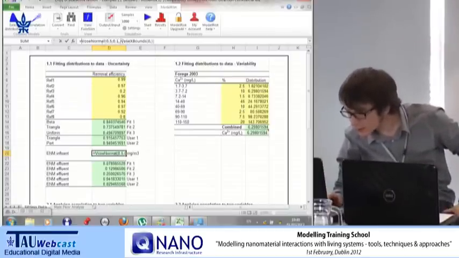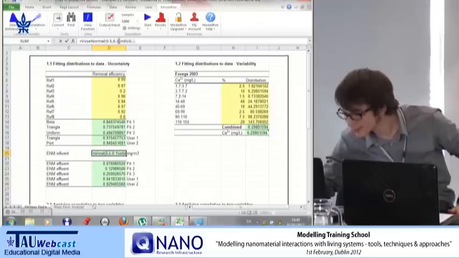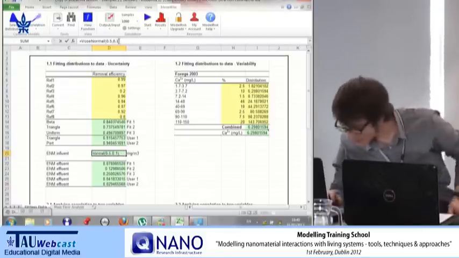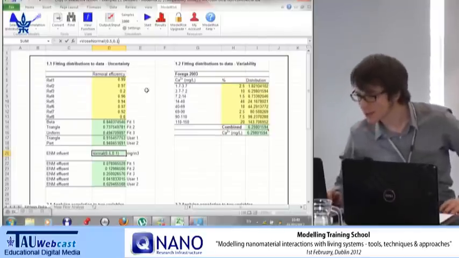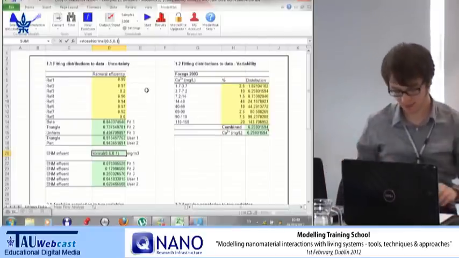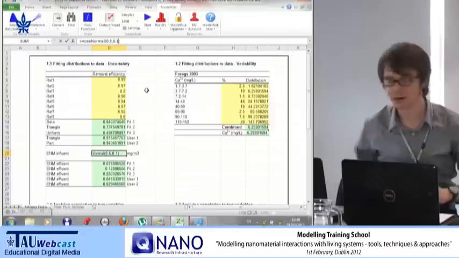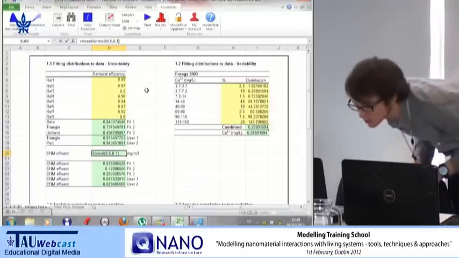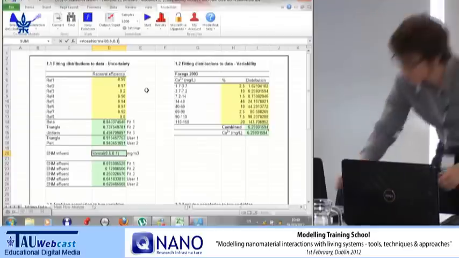I'm just going to get rid of this here as well, just to make it easier. That's putting a boundary on it. So we have an input, and you can say that this is variable. Its mean is at 0.5 milligrams per meter cubed, and we have a variability around it.